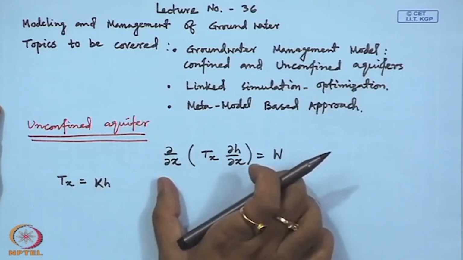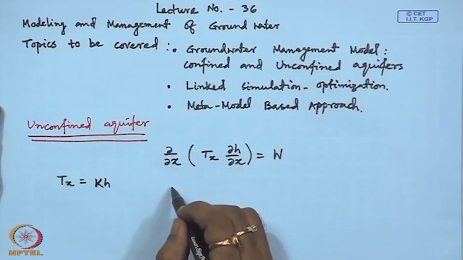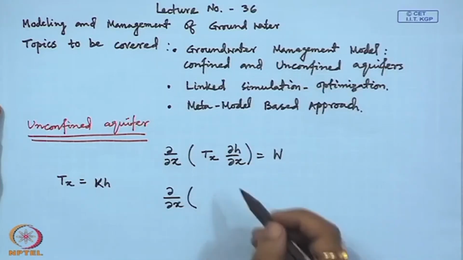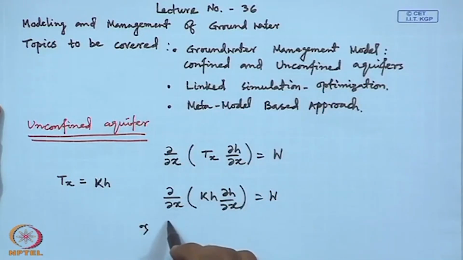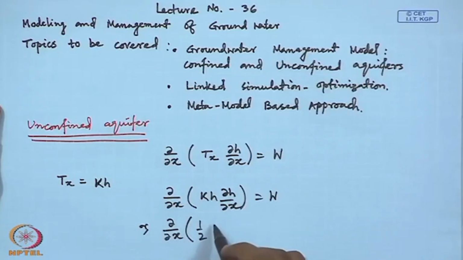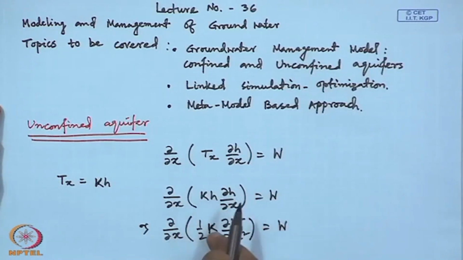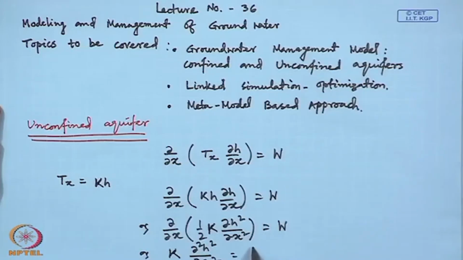If we replace this expression in our original equation, we can write the whole equation as del by del x of K H del H by del x equals W, or as del by del x of half K del H squared by del x equals W. For a homogeneous type of aquifer, we can take this K out of the derivative. For homogeneous uniform condition, we can write it as K, and we can transfer the 2 to the other side, so del 2 H squared divided by del x squared equals 2 W.